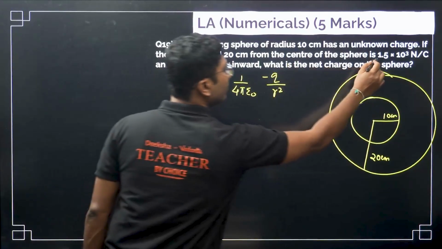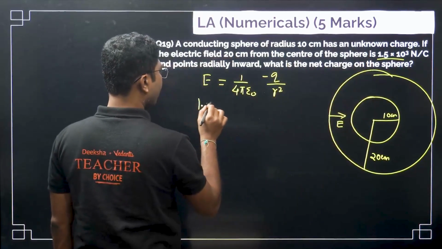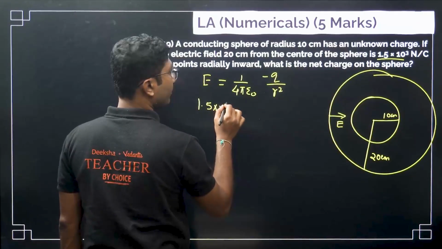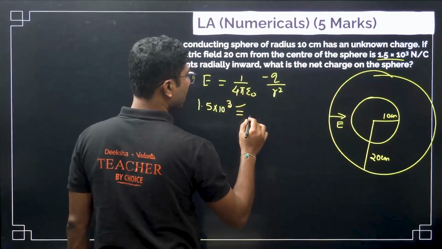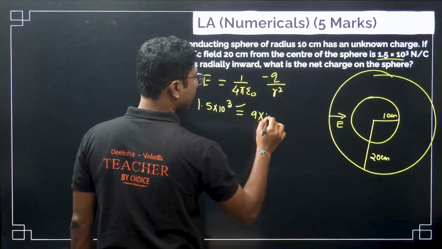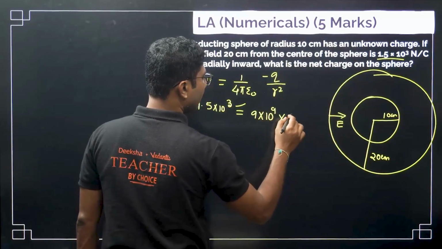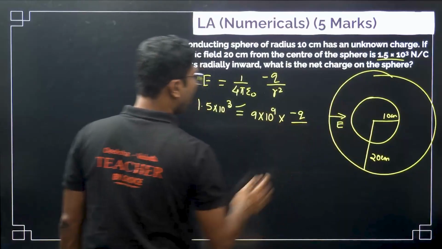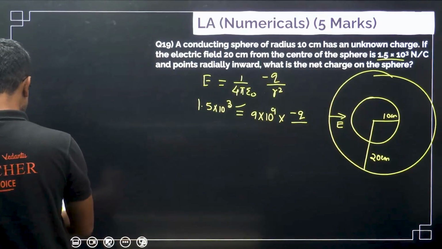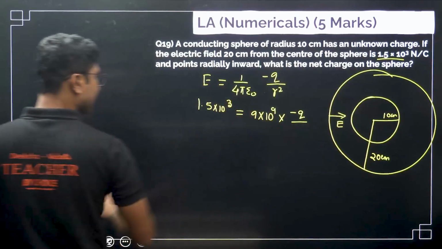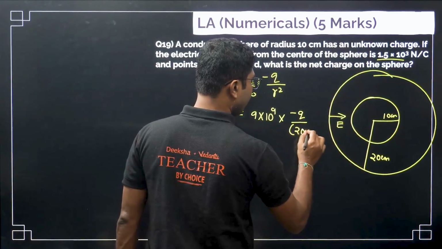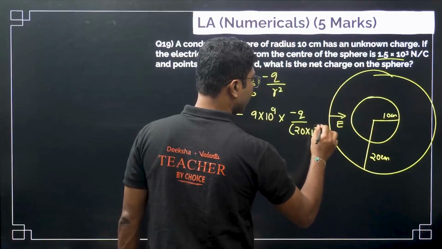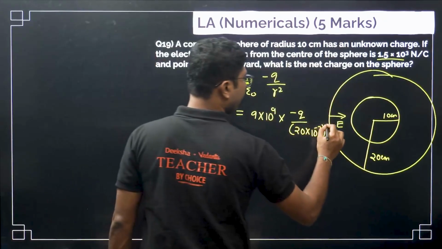What is the value? 1.5 into 10 to the power of 3 equals, now what is 1 by 4 pi epsilon naught? 1 by 4 pi epsilon naught is 9 into 10 to the power of 9 into minus q divided by r square. What is r? R is distance, so the distance is 20 centimeter over here. So 20 centimeter means 20 into 10 to the power of minus 2, whole square.